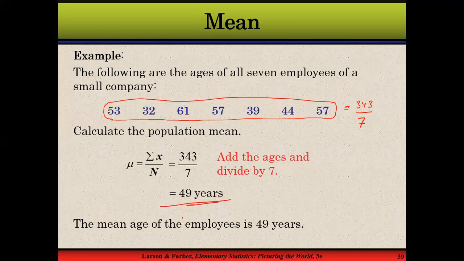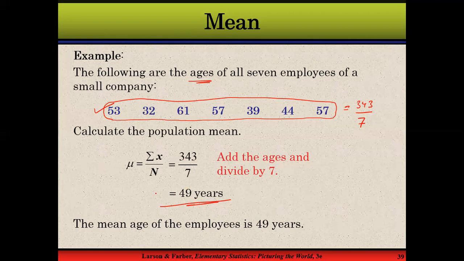Now there is one interesting thing that you need to note: the individual data values don't have any unit written with them, but we are given the indication that these data values represent ages in number of years. So when we write down the average, we write the unit of that data value.